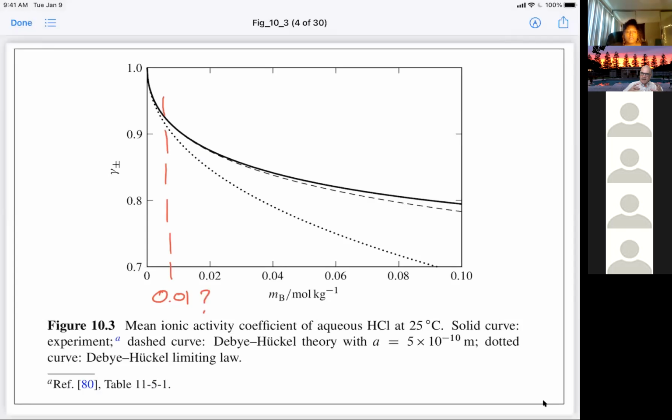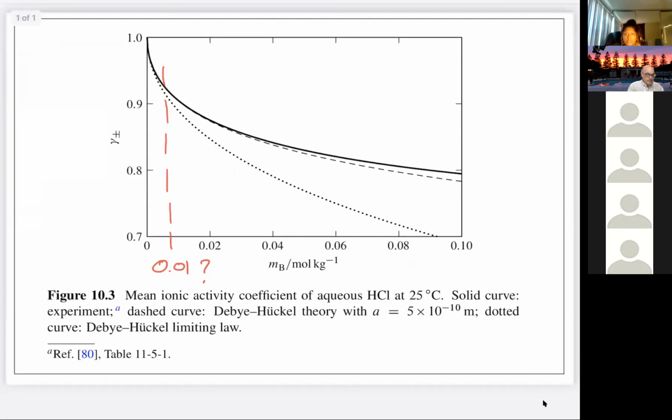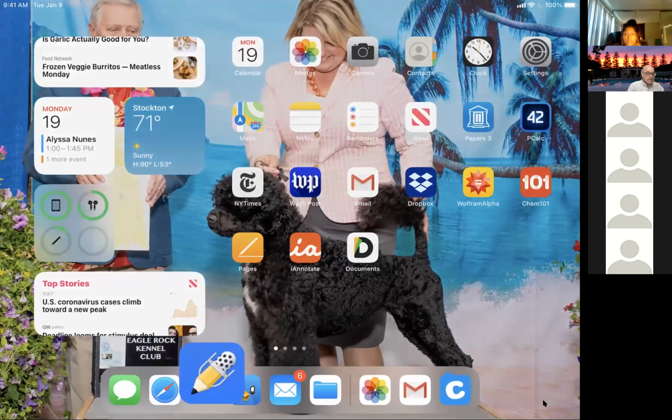This is some sort of effective ionic radius, maybe the range of the effect of the ionic charge, about 5 times the size of a hydrogen atom. The dotted line is the Debye-Hückel limiting law, which we'll talk about in a minute. But you can get a pretty good agreement all the way up to a 10th molal, and that's pretty concentrated for ions. So this is able to give a decent answer.